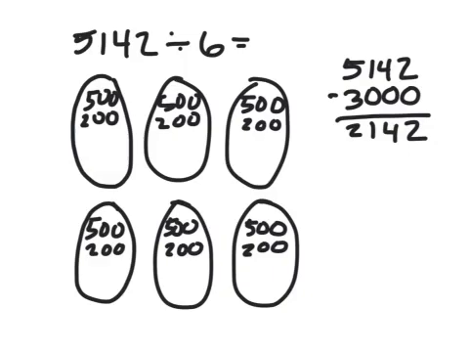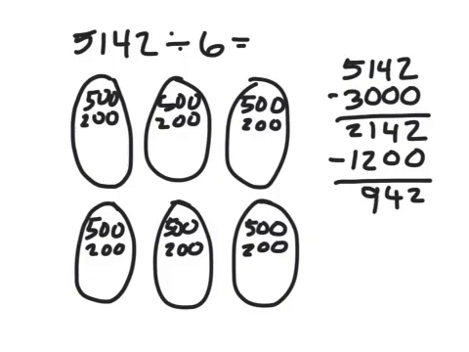So how much did I put into each group? Another 200. How much is that altogether? 1,200. How much is left that still needs to be sorted into groups? Well, 2,142 minus 1,200 leaves me with 942 that still need to go into groups.